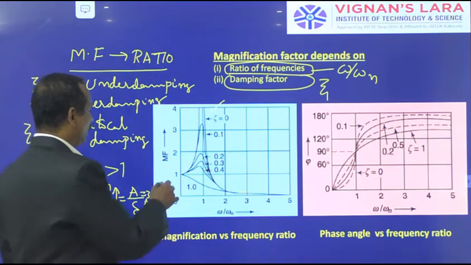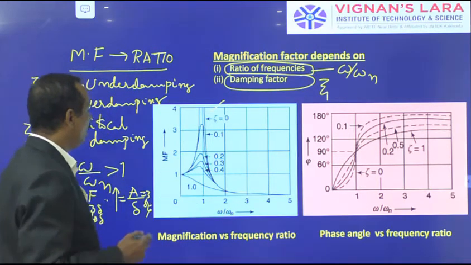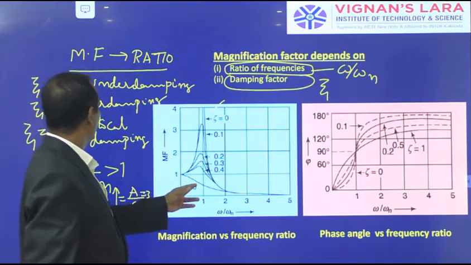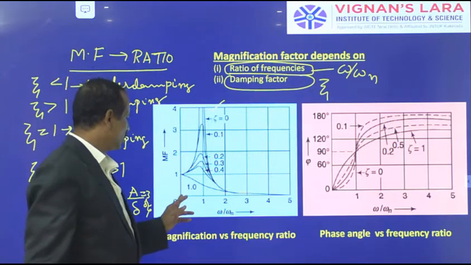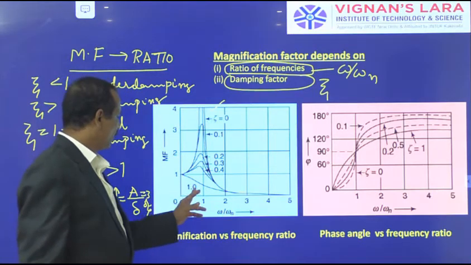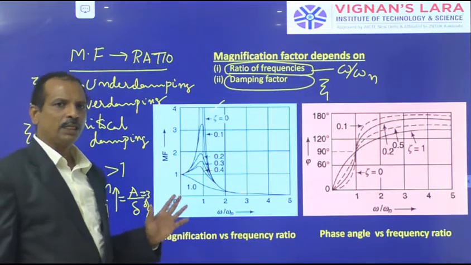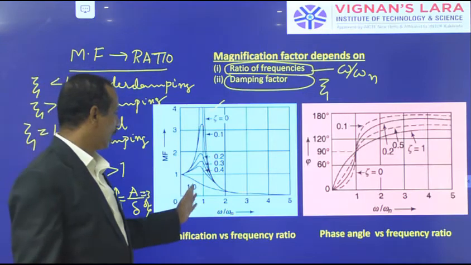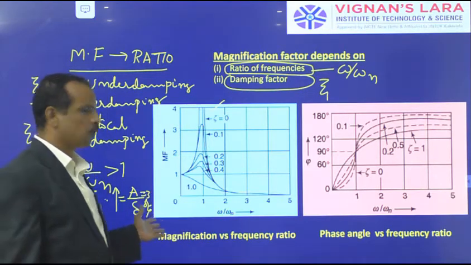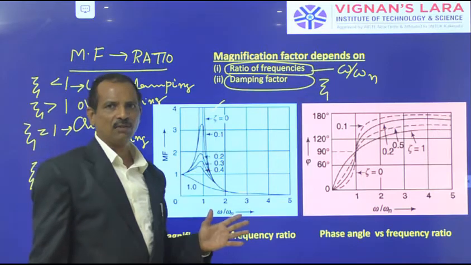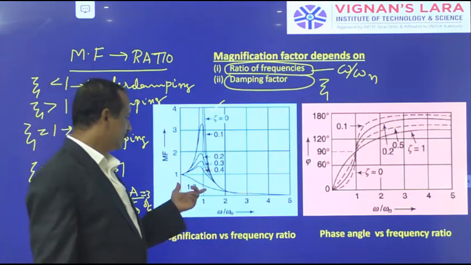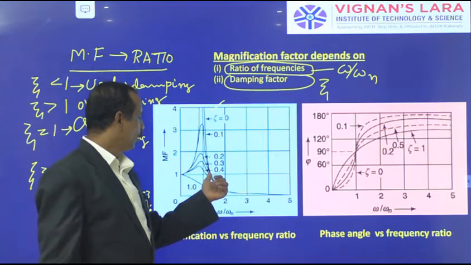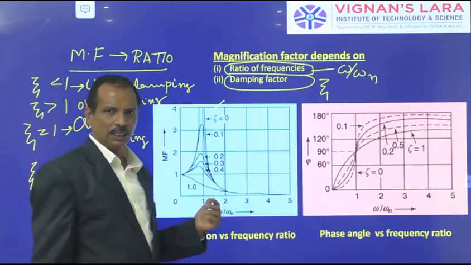And when the damping factor is 1, you almost never reach a magnification factor more than 1. What it indicates is that if you provide more and more damping, the vibration displacement is less than the static deflection, isn't it? So that is why you prefer to operate with more damping.